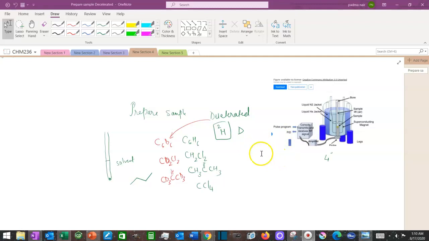Now, for preparing the sample, you generally need what are called deuterated solvents. If you use normal solvents like the ones shown here, like C6H6, CH2Cl2 (methylene chloride), or acetone, these have protons themselves, and the spectrum will be saturated with protons of the solvent.